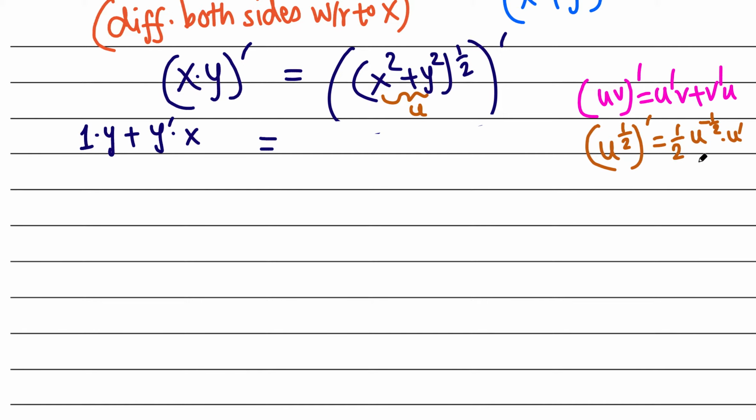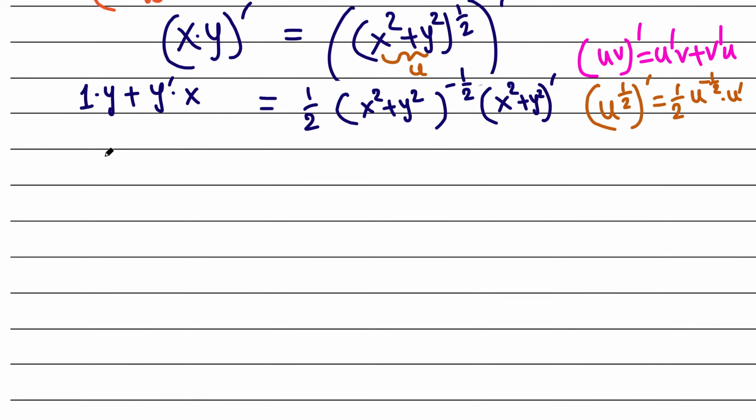So we will be using this power rule combined with the chain rule. So 1/2 u, which is this, raised to 1/2 minus 1, negative 1/2, times derivative of u, which is x squared plus y squared. So we still need to do the derivative here. This part is done with the derivative here.